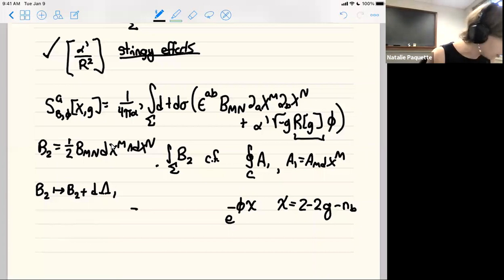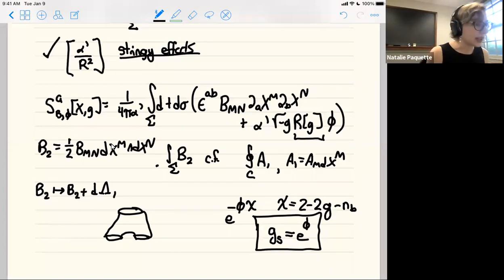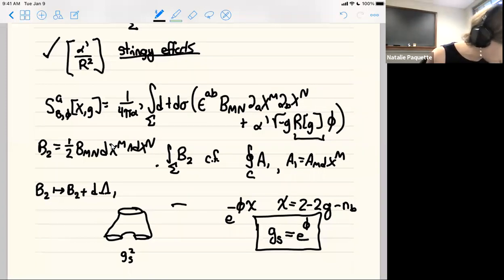And at this point in the course of every string theory course, you know, you have to draw the pairs of pants. So indeed, the string coupling constant is related to the dilaton in this way. And one constructs basic string theory interactions, and I'll draw the open string one too.